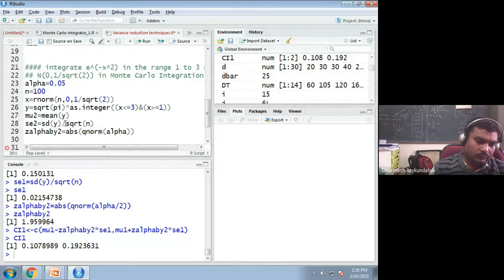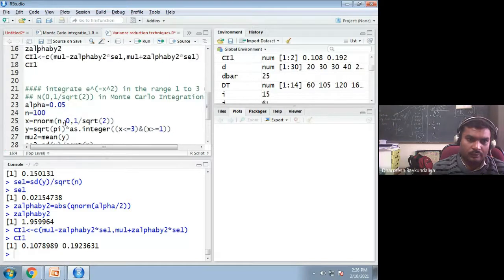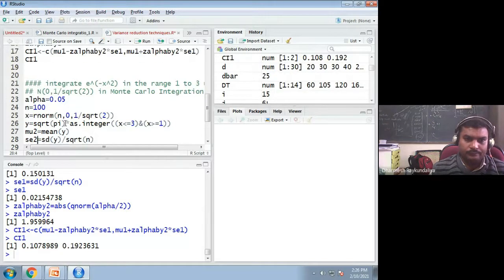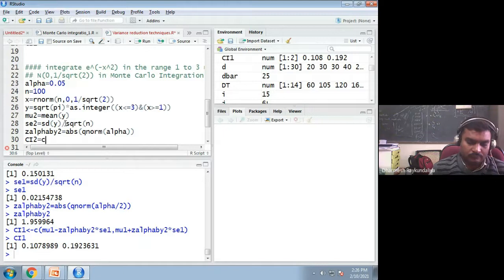Now the confidence interval, I am saying CI2. I think I have given CI1, yes. It is c of mu2 minus z alpha by 2 into SE2, comma, mu2 plus z alpha by 2 into SE2.